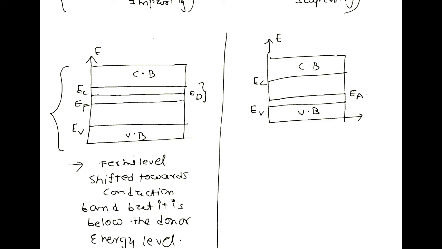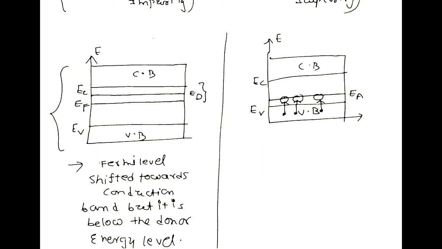So even at room temperature, the electrons from the valence band jump to the acceptor energy level, because there are more holes. The valence band initially has electrons, so even at room temperature the electrons jump and occupy the holes in the acceptor energy level.